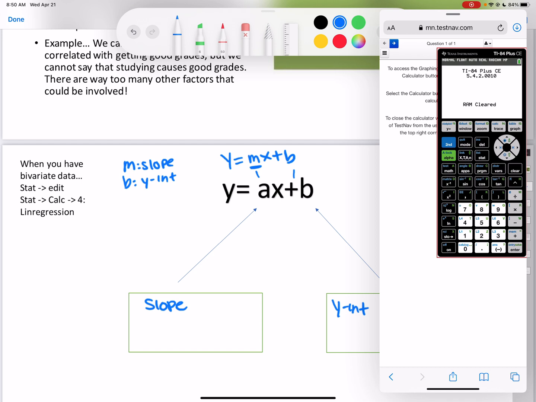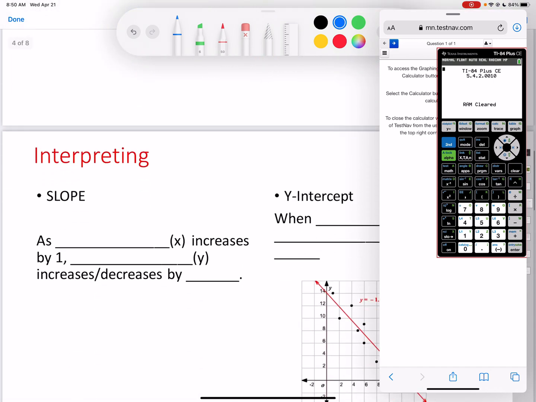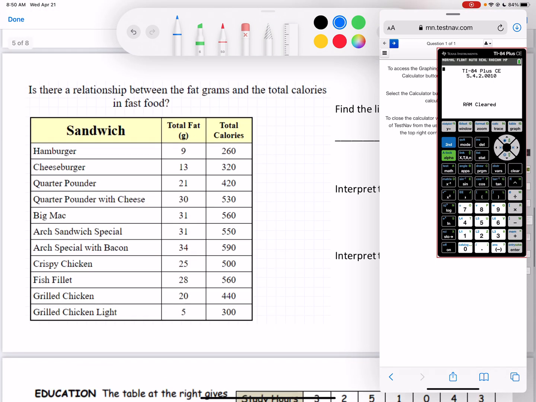And I'm going to scroll down and put data in to show you how to put this in the calculator. So I'm going to come back to this interpreting page. We're trying to find a relationship between the fat grams and the total calories in fast food. So when you're doing this, you go to Stat, you go to Edit, and we're going to put data into L1 and L2. L1 and L2 should always have the same dimensions because you have data for hamburger, for fat, and calories.